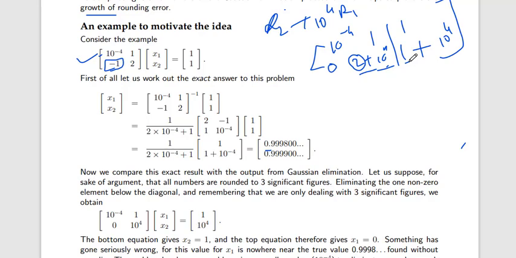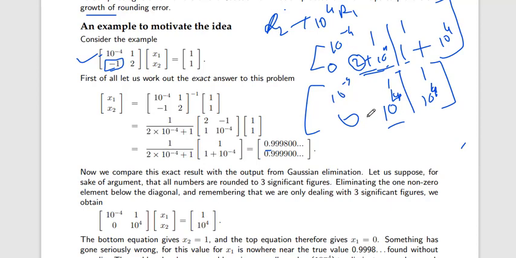So with the help of significant figures we approximate this as 10 raised to 4. We neglect 2 because it is the smallest in comparison with 10 raised to 4. Here also we forget 1. So now we can solve this type of equation.